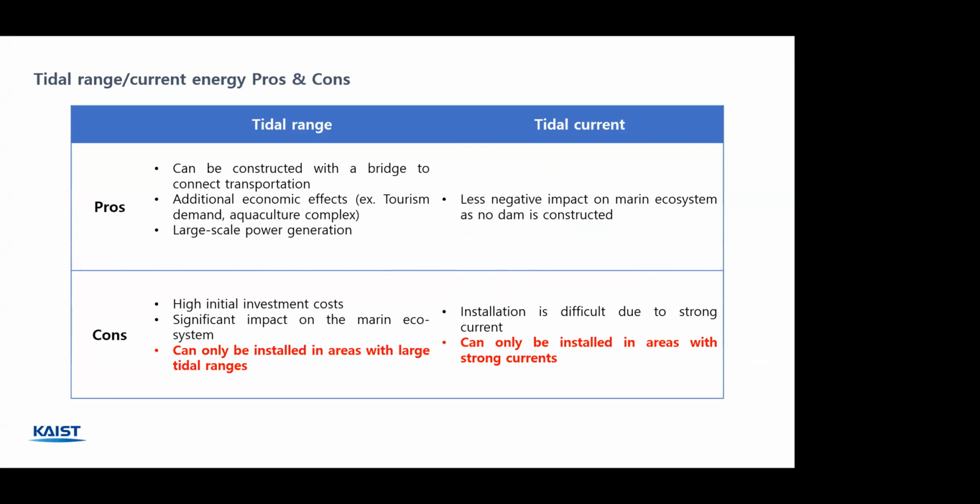We use the current tendency of the tide, so it needs to be installed in an area which has strong current, strong flow, so that we can make energy. So we need to find the place, and because the current is very fast, the installation is a little bit difficult.